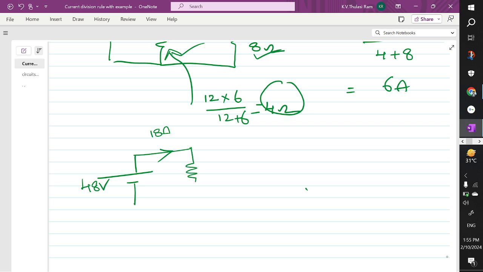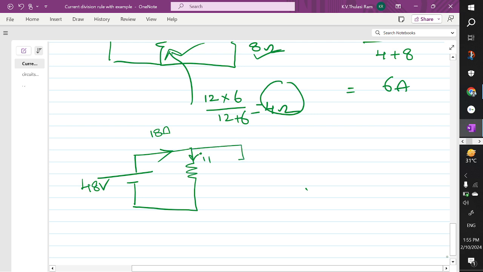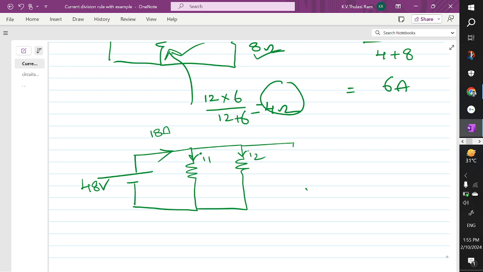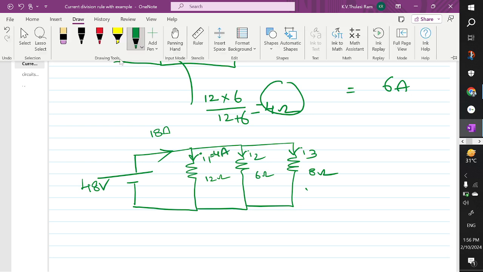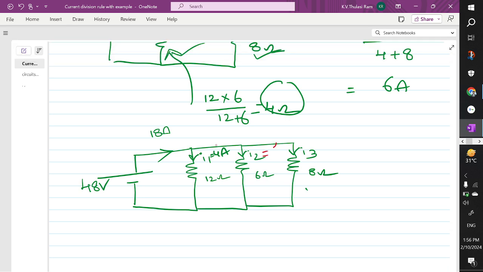You have one branch here with current I1, one more branch with current I2, and one more branch with current I3, with values of 12 ohms, 6 ohms, and 8 ohms. I1 you had already found, 4 amperes, I2 is 8 amperes, and I3 is 6 amperes.